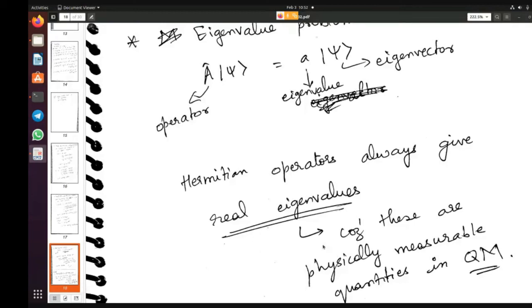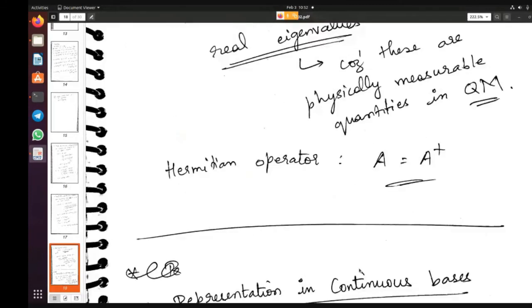So because energy or quantities like these are real numbers, the operators corresponding to them are Hermitian operators. The operator corresponding to energy is called a Hamiltonian, and the Hamiltonian is a Hermitian operator. So this is something you need to remember. A Hermitian operator will always give you real eigenvalues, and plus the eigenvectors of that operator will be orthogonal to each other. That is also another thing that I mentioned earlier.